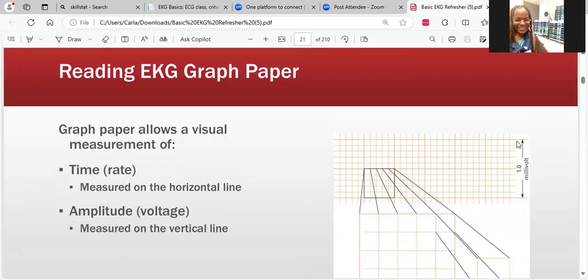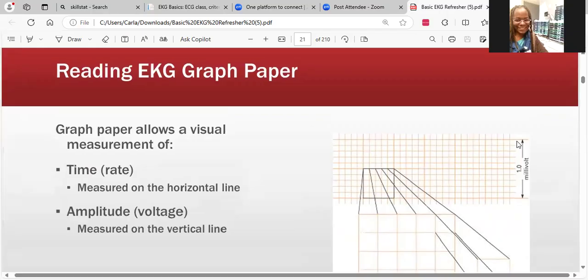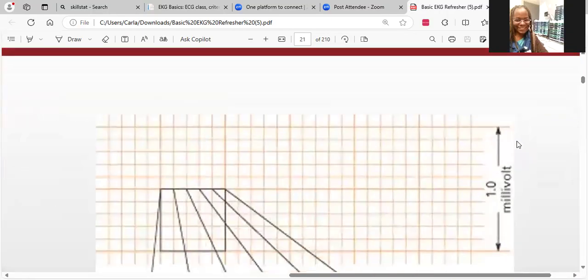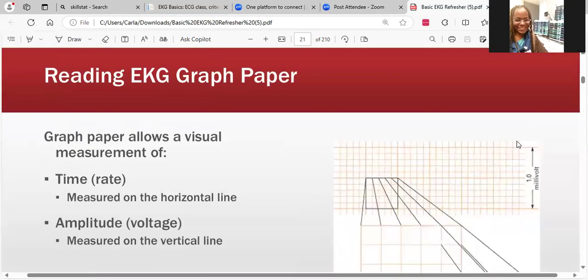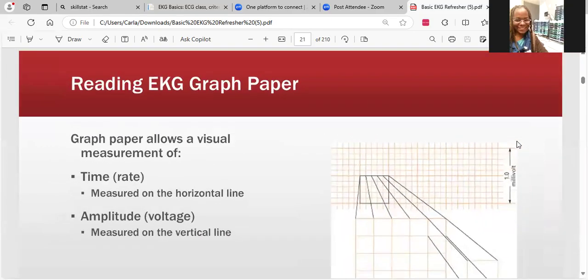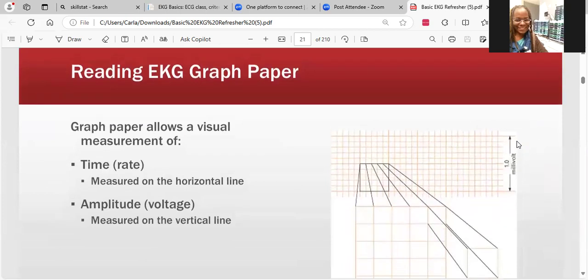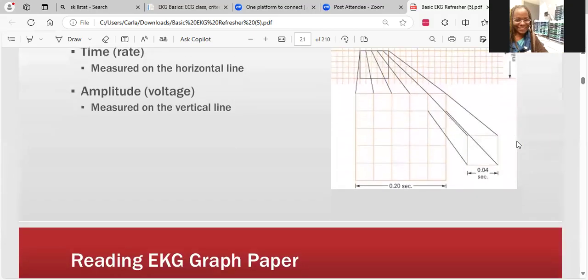And as you can see, we have 10 boxes tall on this EKG, which means our voltage would be 1.0. Each box is 0.1. 10 of those boxes that are 0.1 equals 1.0 millivolts. So time goes across on the EKG and amplitude goes vertically.